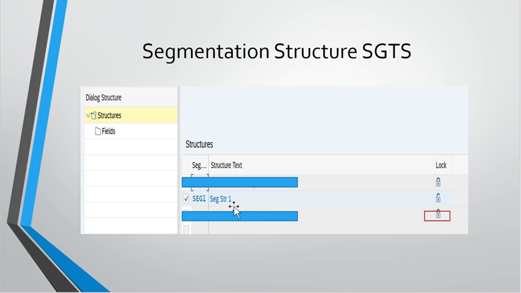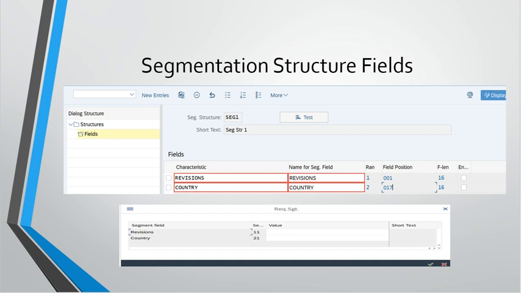Any name can be there as per the requirement, and here you can define any text, and after that you will be assigning your characteristics which were defined in your previous step.